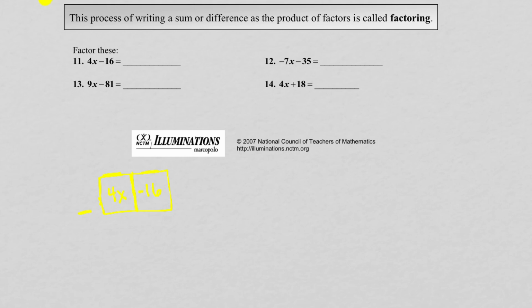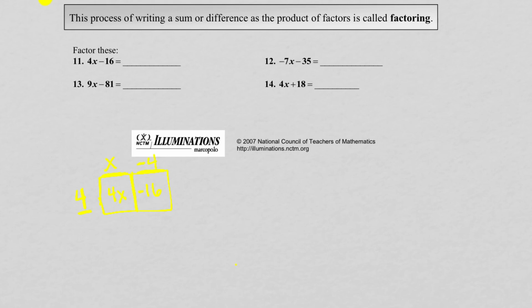I can see that the biggest thing I can pull out of both of those boxes is a 4. So I'm going to put my 4 right here because that's the biggest thing I can pull out. Now, 4 times what gives me 4x? Well, that's x. And 4 times what gives me negative 16? Or you can think of it as negative 16 divided by 4 gives me negative 4.